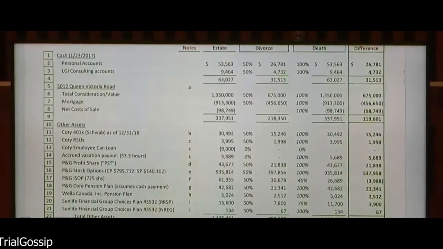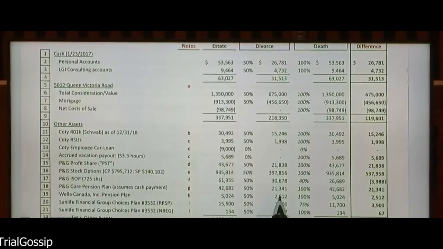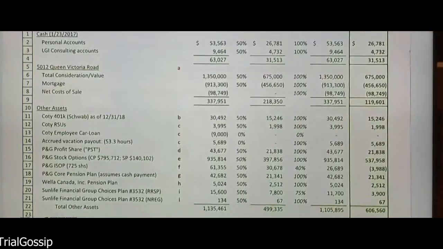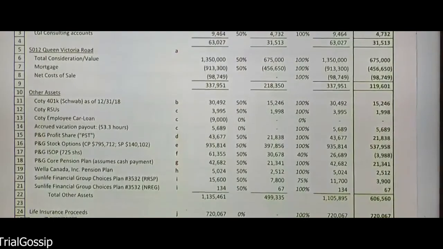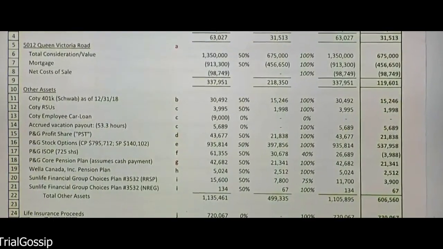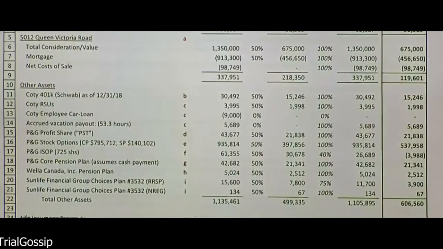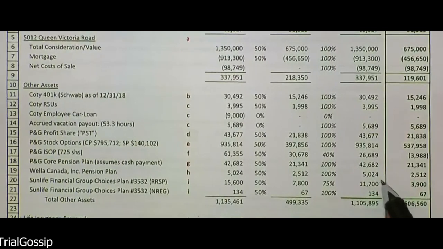And you've got a figure there of $935,000, right? That's right. And in divorce, they would split that up about 50-50, is that right? They would split up the community property portion 50-50. Okay, but upon his death without a will, she would get all of it, $935,000. Is that right? That's correct.